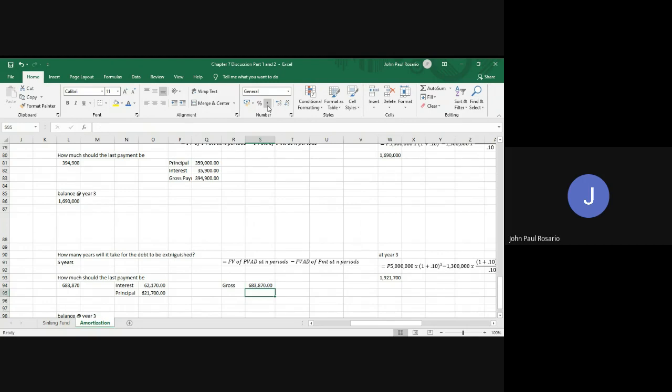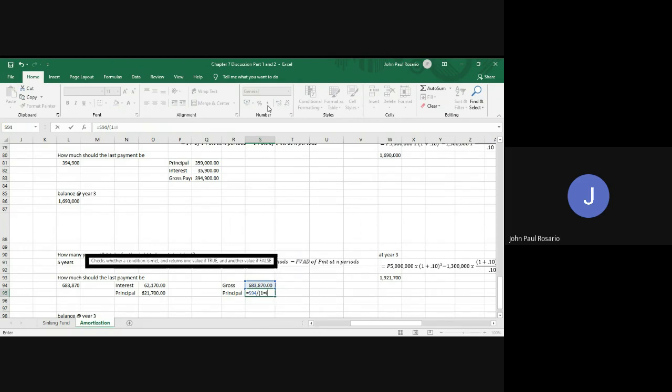For this naman, for annuity due, you have to get your principal, you have to divide the gross amount by 1 plus I. Oh, sorry. Divided by 1 plus I. Okay?